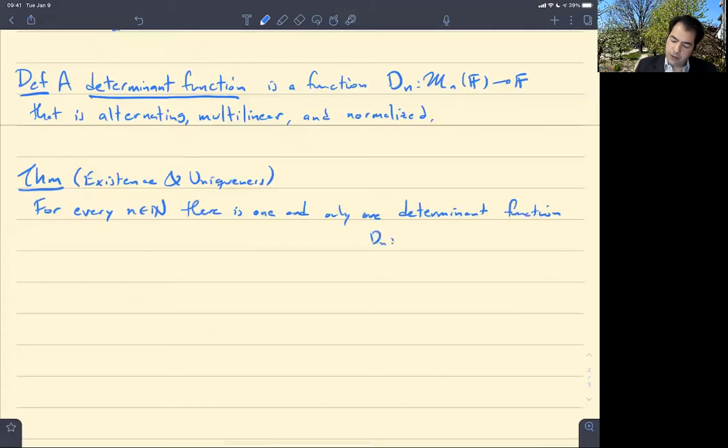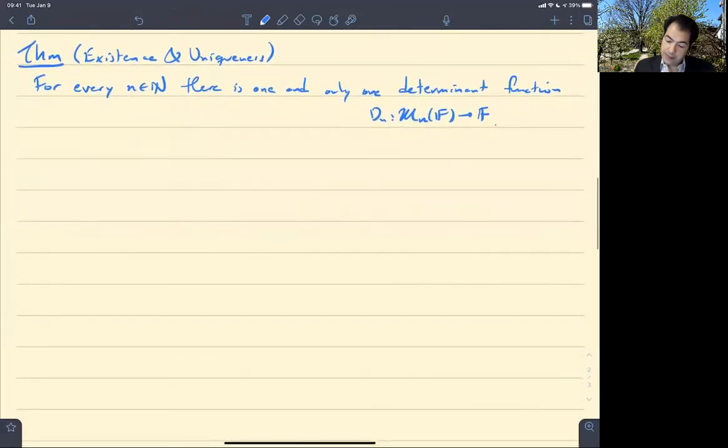Determinant function on n by n matrices. Okay, so a very useful tool in proving existence and uniqueness is to notice that if you have the first 2 properties, alternating and multilinear, then you already have something that's a lot like a determinant function.